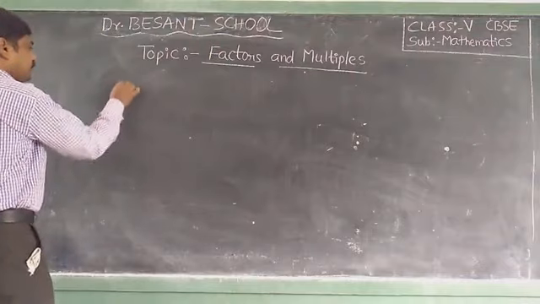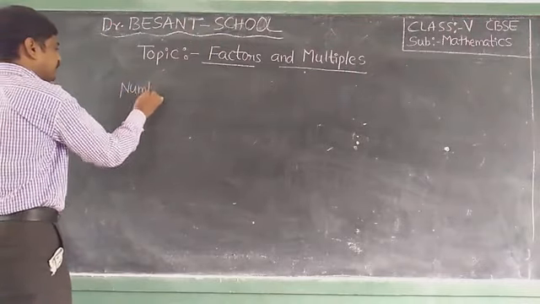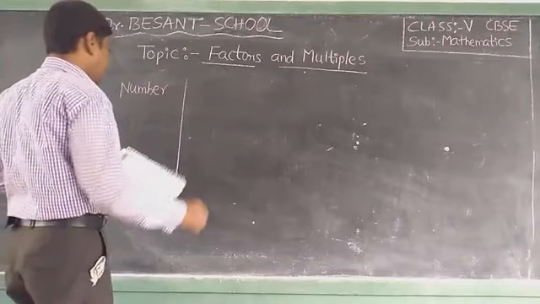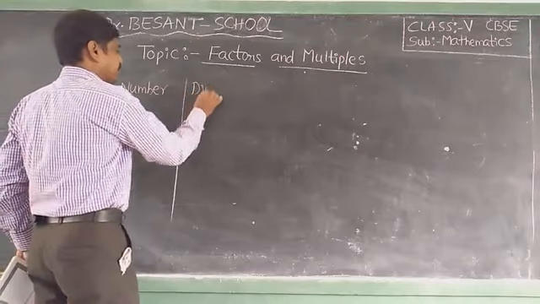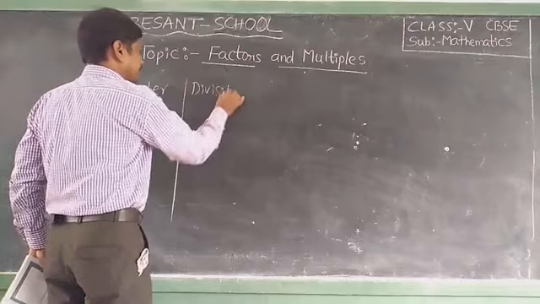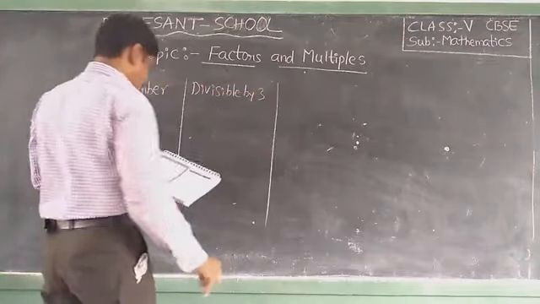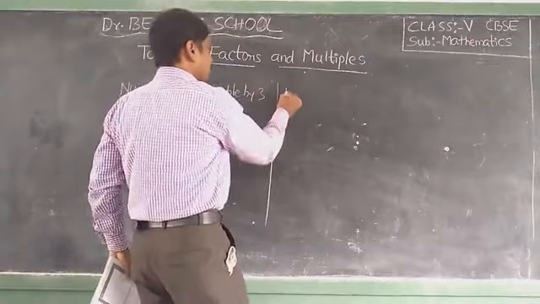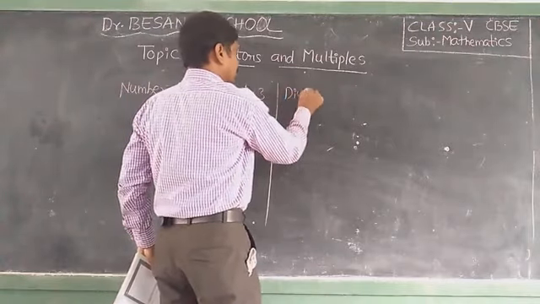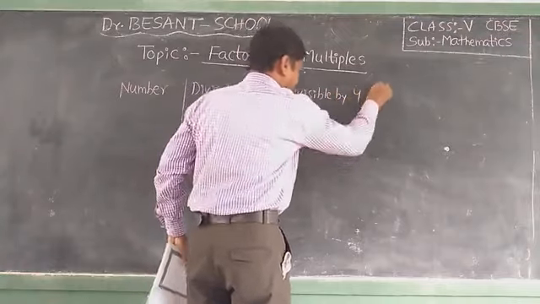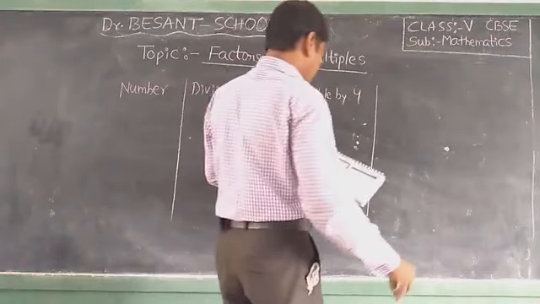Number, divisible by 3, divisible by 4, divisible by 9.